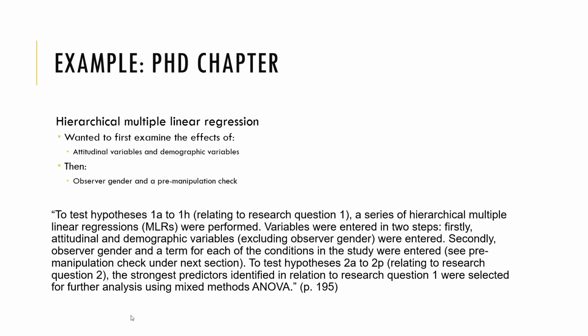And then later on, I used the predictors that I'd identified as really strong predictors of these attitudes towards gendered rape myths. Then I used that to help me select a smaller number of variables, which I followed up to test the experimental effects in the rest of the analysis, which I did with ANOVA.